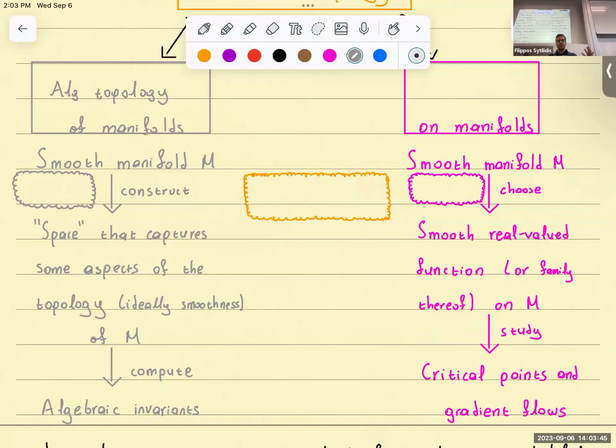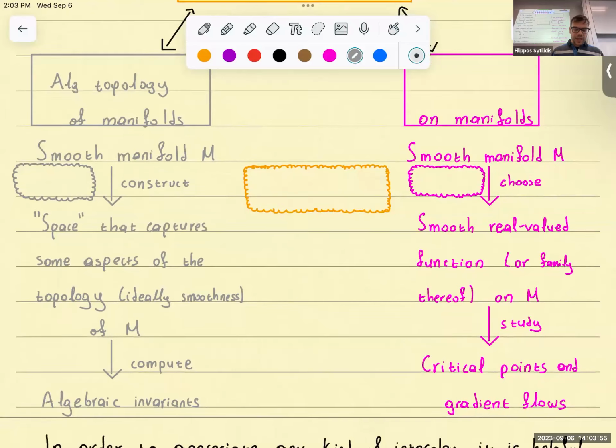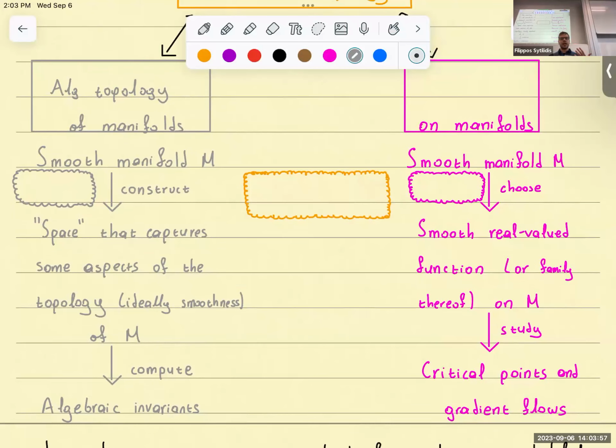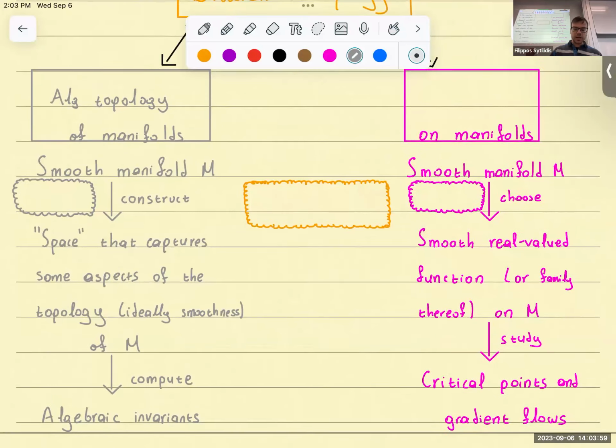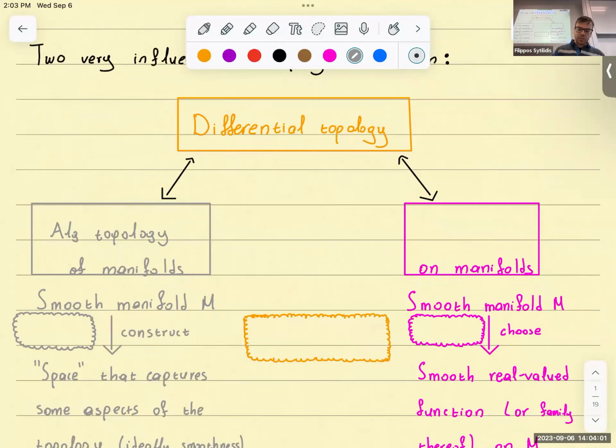And then once we have the space that captures some aspects of the topology of M, we compute some kind of algebraic invariant. So it could be homology, homotopy groups. And that's been a very, very rich interplay that allows us to transport problems from differential topology to algebraic topology, and then use all the tools there to try and gain some information.